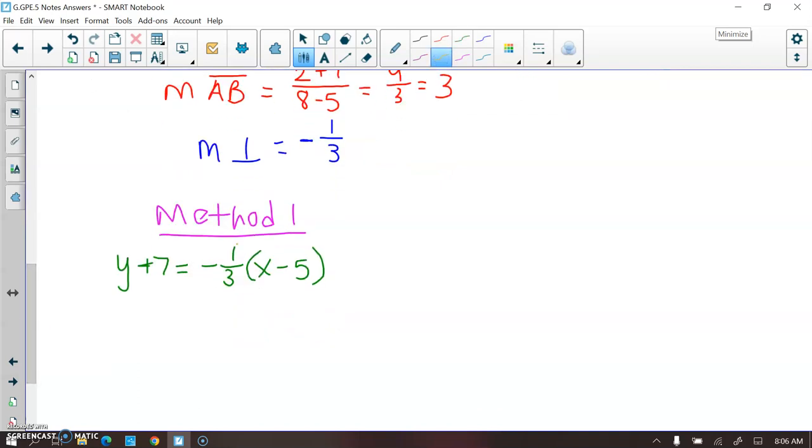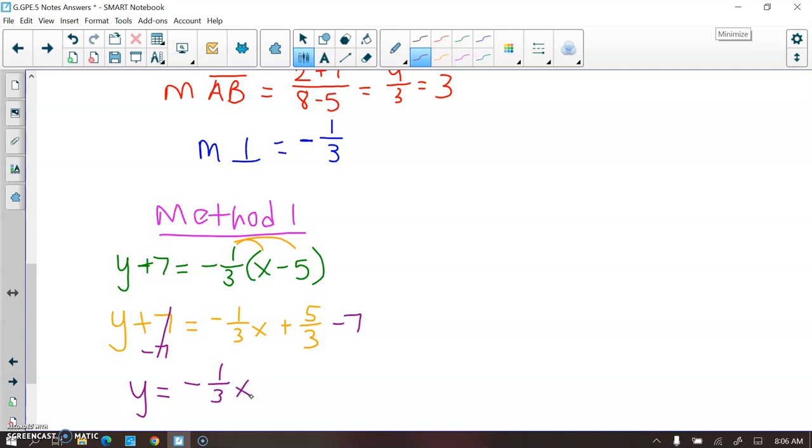And so then distributing the -1/3 in, I get y plus 7 is equal to -1/3 x plus 5/3. Isolating y by subtracting 7 from both sides, I get y is equal to -1/3 x.